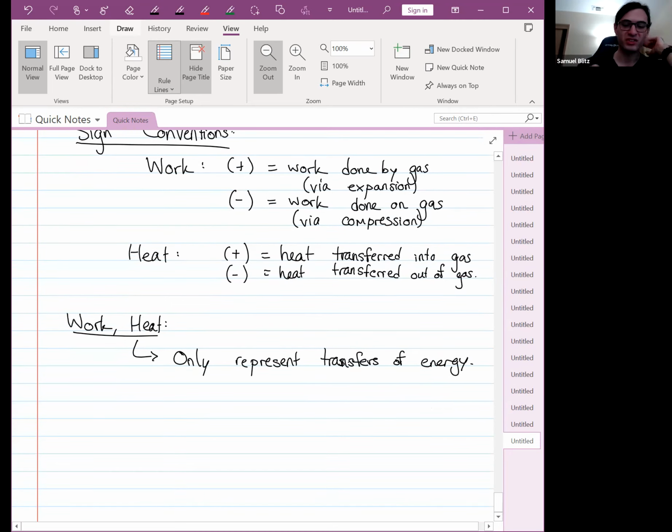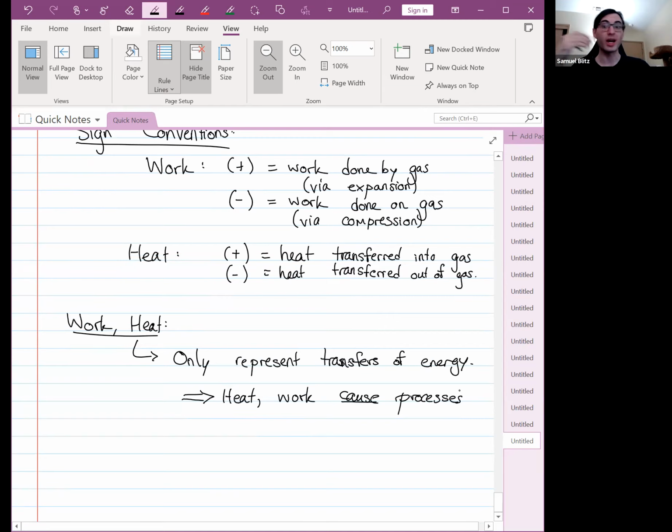So this is just to say that heat and work cause processes. These would be called process variables because they are the things that tell you what the process is. So you can describe a process by saying you have some system with these constraints, you add this much heat, and you let the system do that much work. That will describe a process.